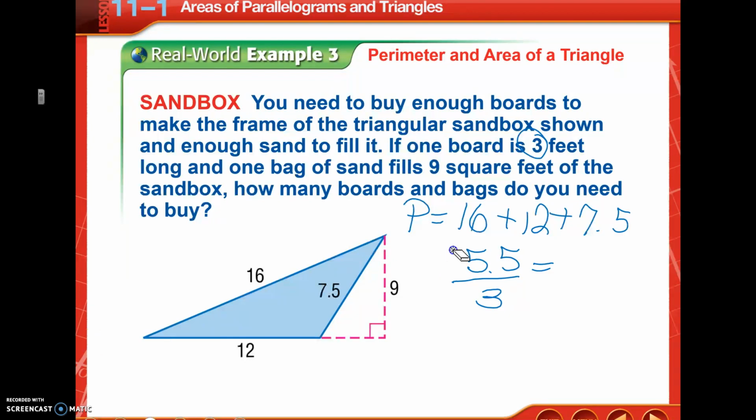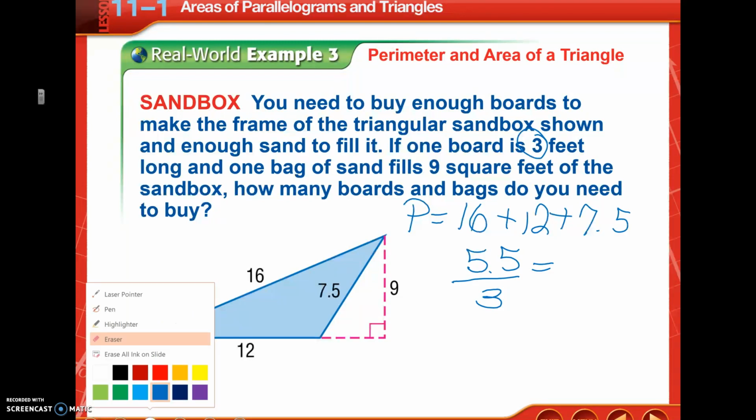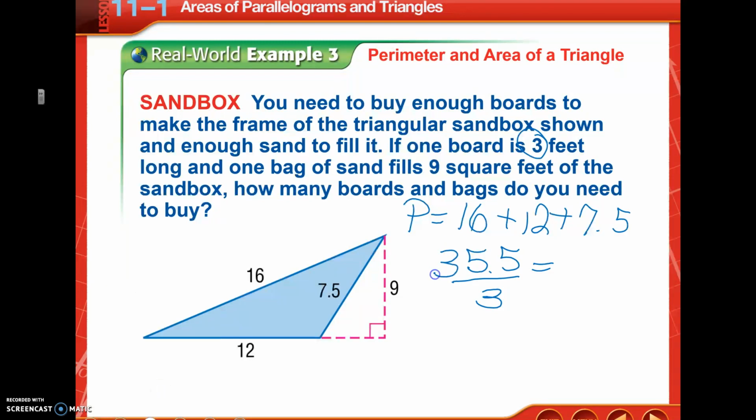Excuse me, that's not 25. It should be 35.5. So when we divide 35.5 by 3, you should get 11.8 boards. So that would be about 12 boards to make the outside of the sandbox.